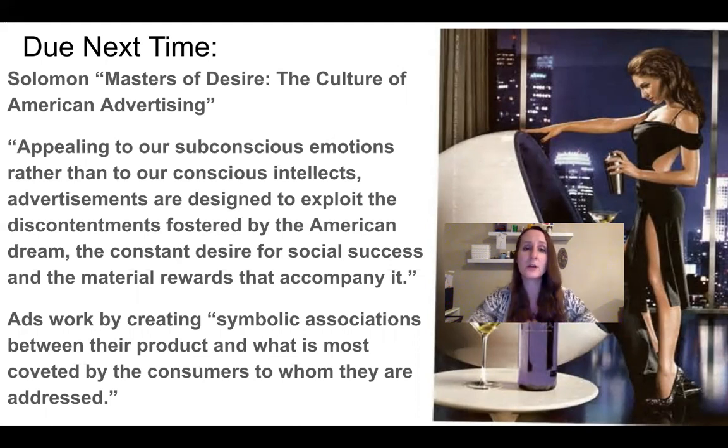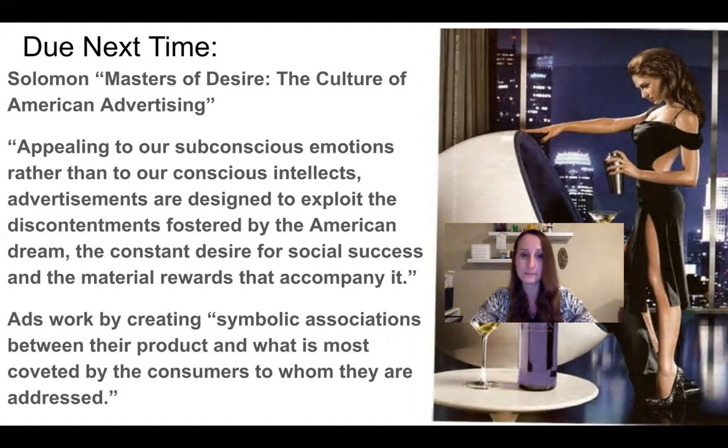Appealing to our subconscious emotions rather than to our conscious intellects, advertisements are designed to exploit the discontentments fostered by the American dream. So they exploit our unhappiness, basically. The constant desire for social success and the material rewards that accompany it. So these ads exploit our desire for social success, and they exploit our desire for the material rewards that accompany social success.